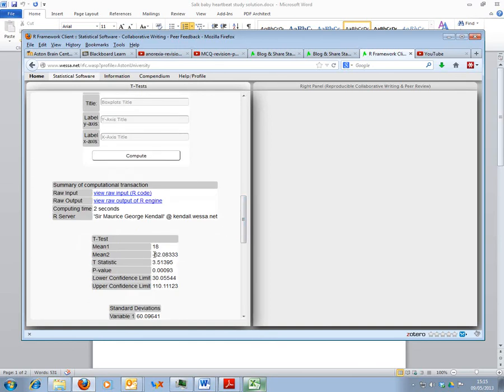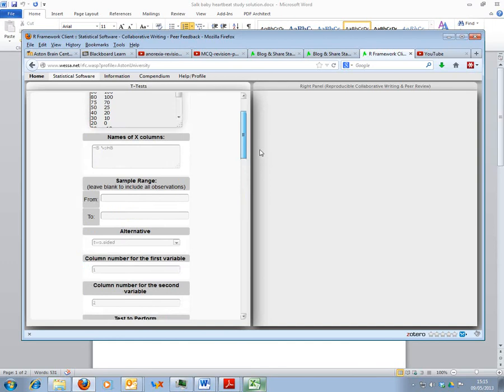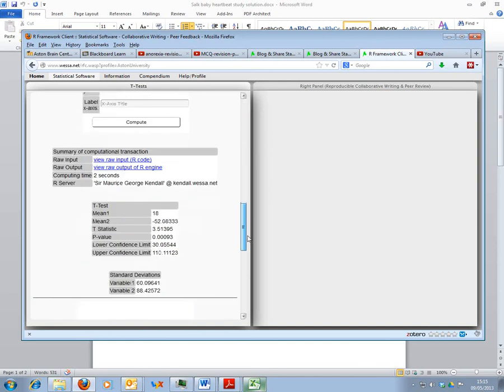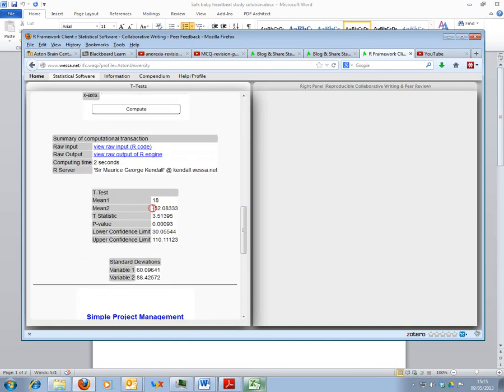So mean 2, the group of babies that did not hear the heartbeat actually lost weight. Okay, that's not very good, is it? While the other babies who are listening to the heartbeat gained weight. And even on the basis of the t-statistic, okay, that gives us a significant value, but the Mann-Whitney test is the correct thing.